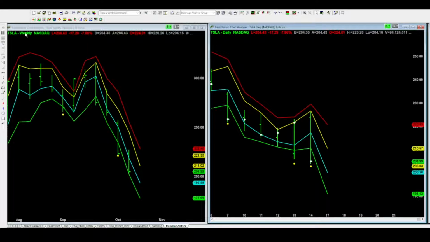So the predicted target prices are the target resistance or support, the target high and low for the next week. If this is a daily chart, each vertical bar is one day's fluctuation, and these prices are the target high or low for the early part of next week.